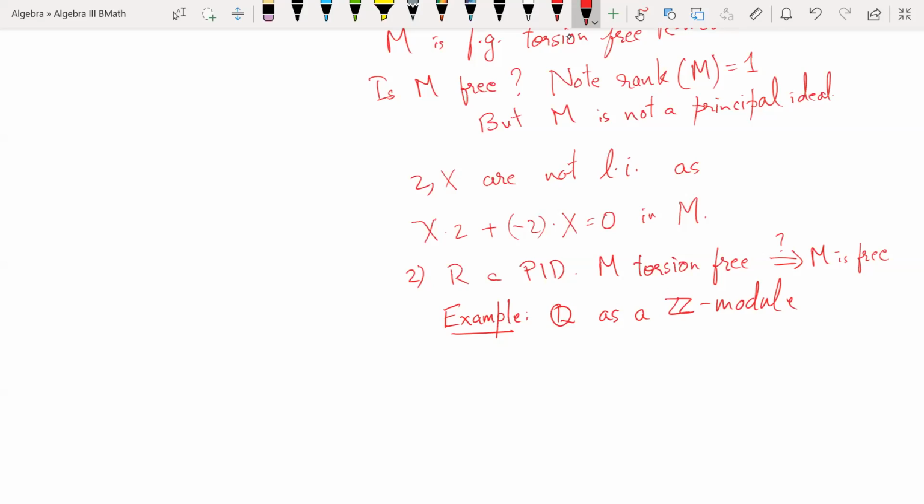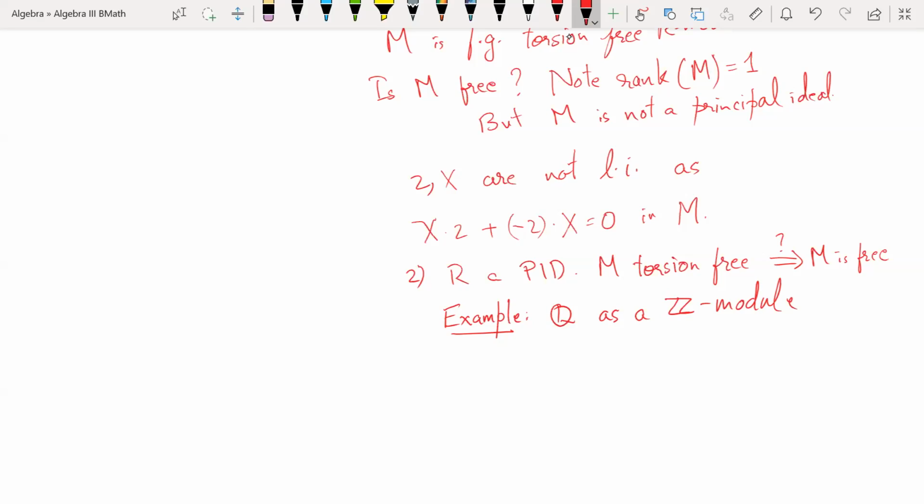No matter how many finitely many rational numbers you take, if you take Z linear combinations of them, you take the smallest positive one, and half of that will not be contained in the Z module generated by them. So that tells you that this is not finitely generated, and Q is not free.